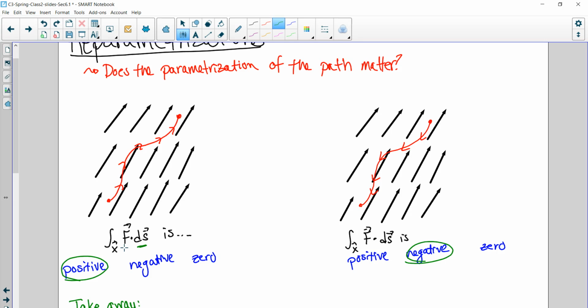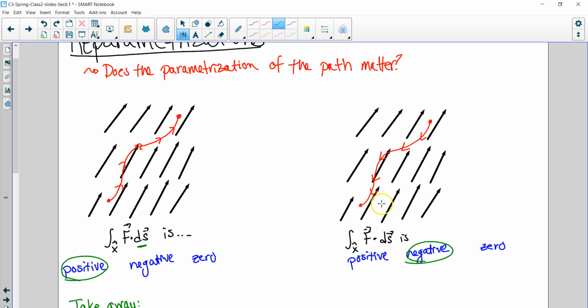You're thinking about the cosine of the angle in between because of the dot product. If the directions of both of these match, the angle is going to be close to 0, so cosine is going to be 1, which makes it positive.